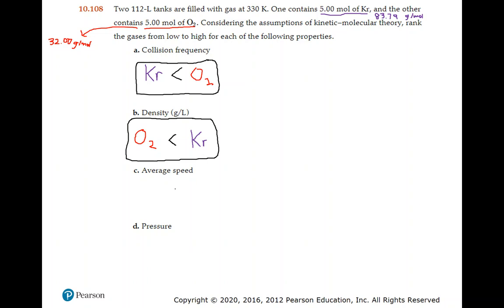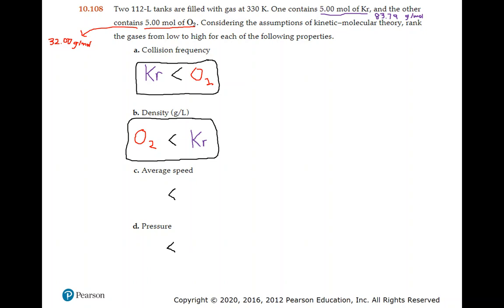To answer part C, I think is going to be pretty simple, since we already invoked average speed in discussing the collision frequency. So, as stated previously, with two gases at the same temperature, and they are both at 330 Kelvin, the average speed of the gas particles is going to be inversely correlated to the molar mass, because all the gas particles on average should have the same kinetic energy in both the krypton and the oxygen.